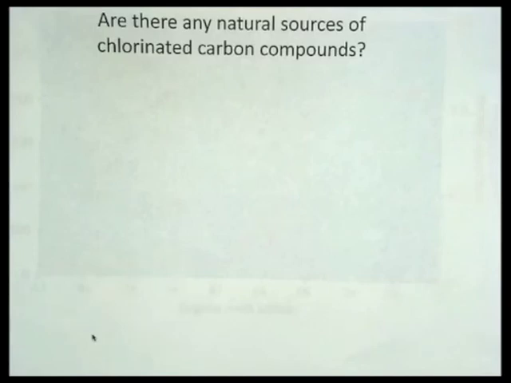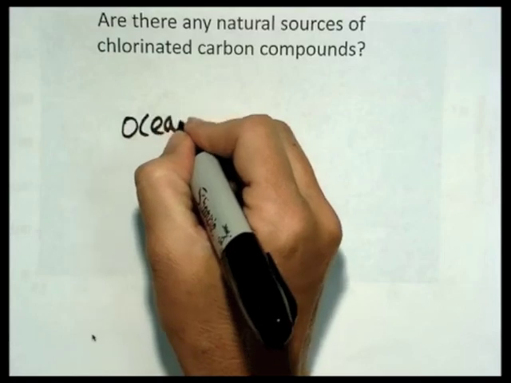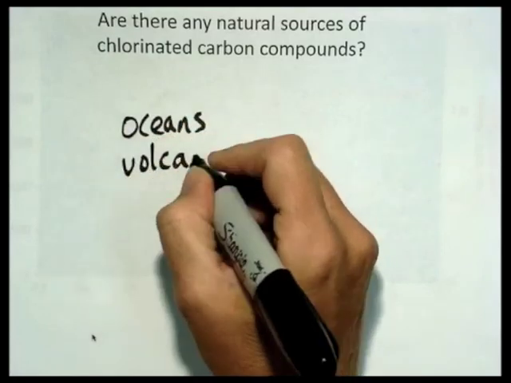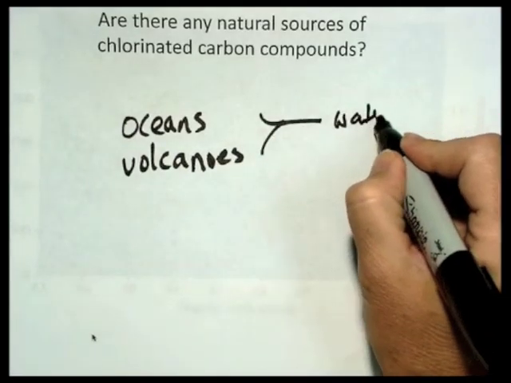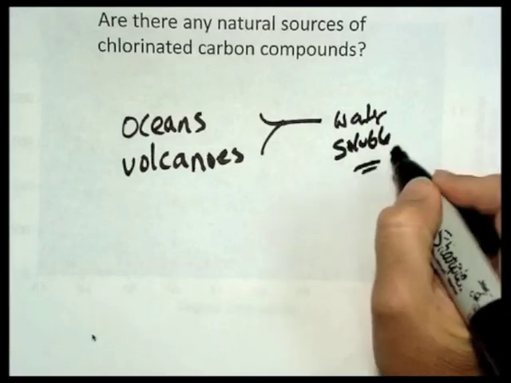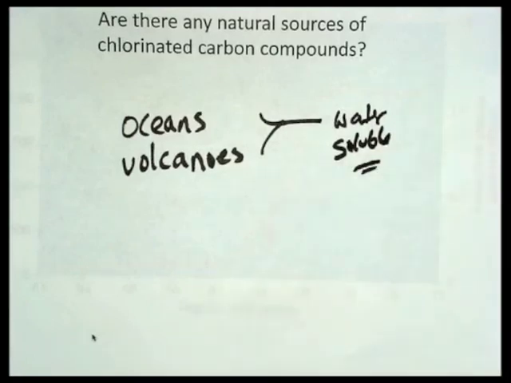You can get chlorine from the oceans and from volcanoes, but the types of chlorinated carbons that come from the oceans and from volcanoes are water soluble, and those chemicals would never reach that high concentration. The chlorofluorocarbons are not water soluble, so they don't get washed out in the rain, whereas the naturally occurring compounds are water soluble and would get washed out by the rain. So it's truly a smoking gun that these chlorofluorocarbons were the source of chlorine atoms that caused the decrease of the ozone in the stratosphere.